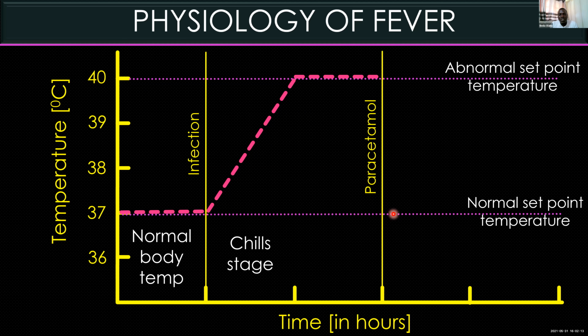The paracetamol does not really lower the body temperature. It just resets the normal set point temperature. When that happens, now the body takes over. So your paracetamol has reset the set point temperature to 37.0. The actual body temperature is 40.